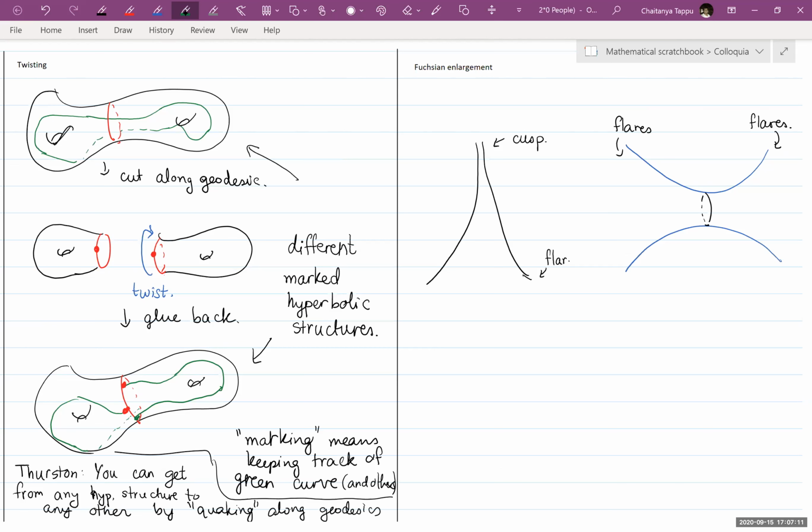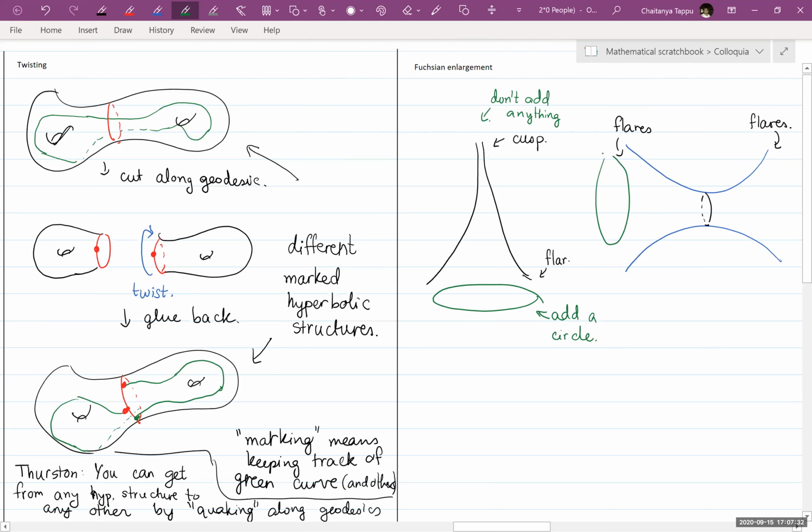If you have a cusp, you don't add anything here. But if you have flares, add a circle. And if you have two flares, then add two circles.